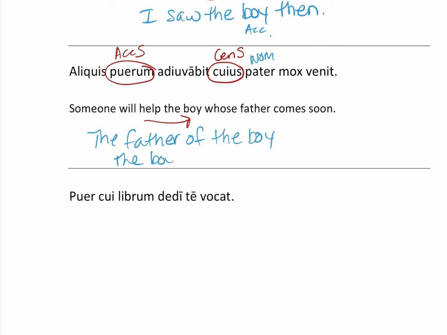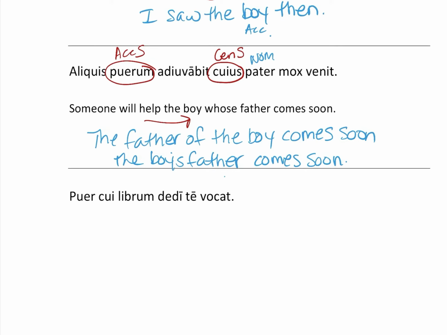That works too. Comes soon. We actually turn it into a complete sentence when we sub one for the other, and that will give you clarity. So because it's possessive, then we automatically know, if you're translating from English to Latin, that the whose would need to be in the genitive, and the puerum is in the accusative.